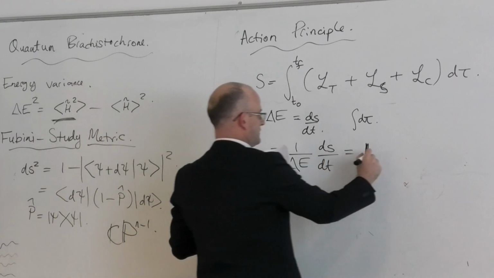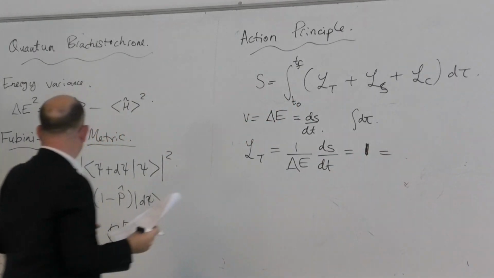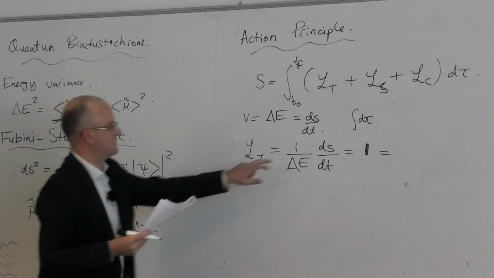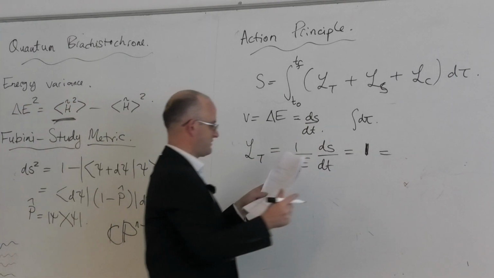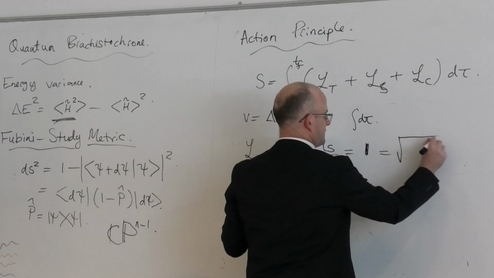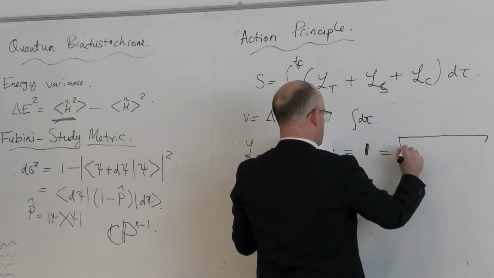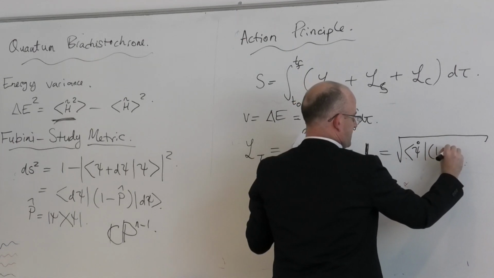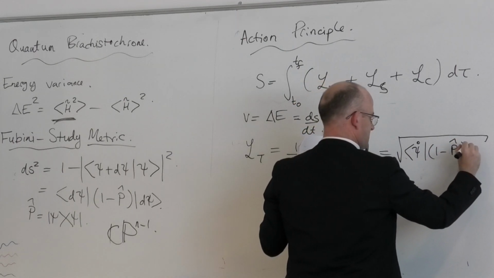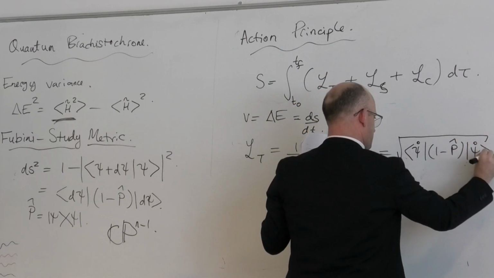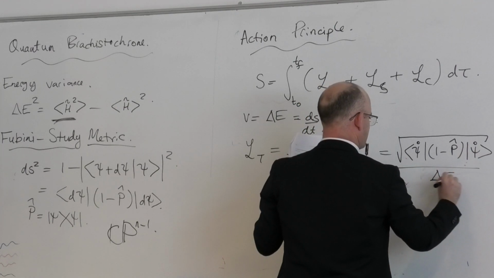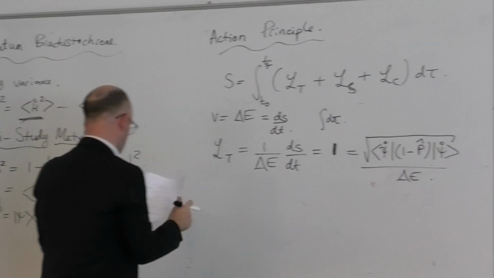And using this expression over here, well we have ds. So we just put everything together, and we get 1 minus psi dot, 1 minus P, psi dot, over delta E. So that will be the first term.